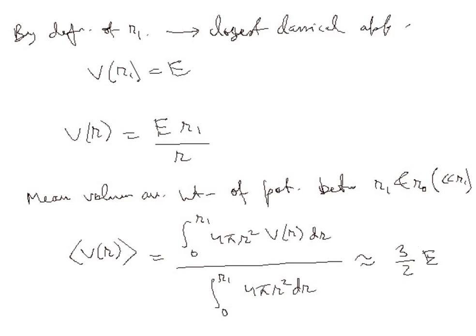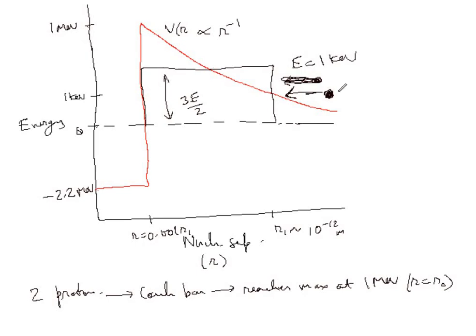Now next, let us approximate V(r) with a constant function of height, a rectangular barrier that we have used. So this is what we are going to do.